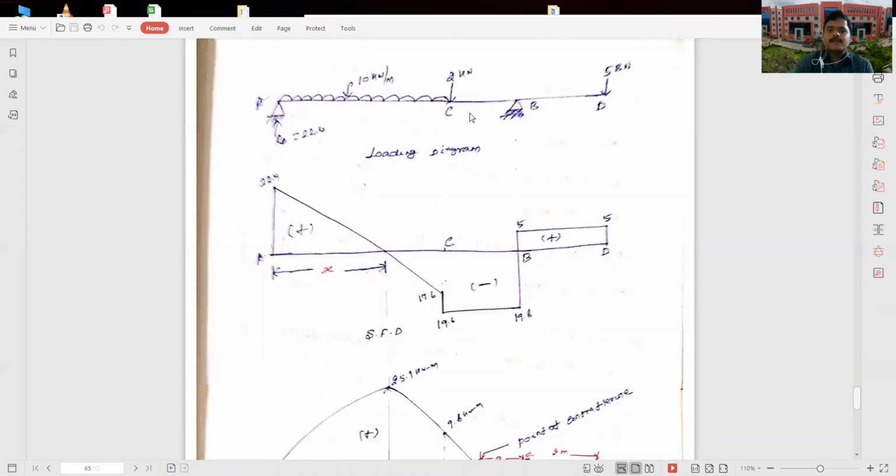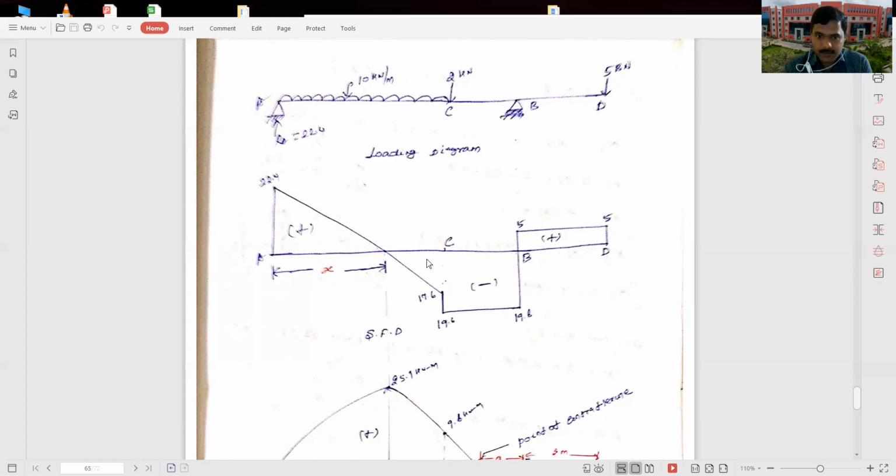Then in between C and B, is there any load? There is no load. Therefore in between C and B, this minus 19.6 is horizontal, constant, continuous. Then at support B, what is RB?